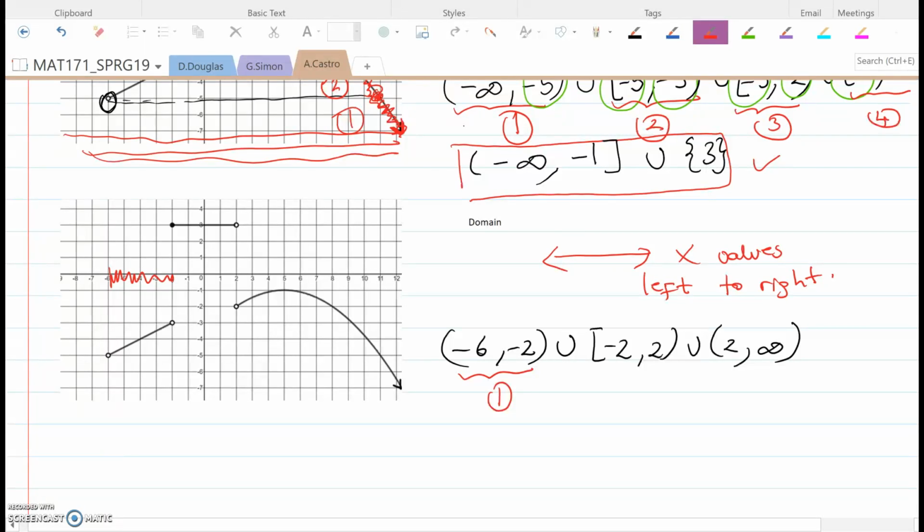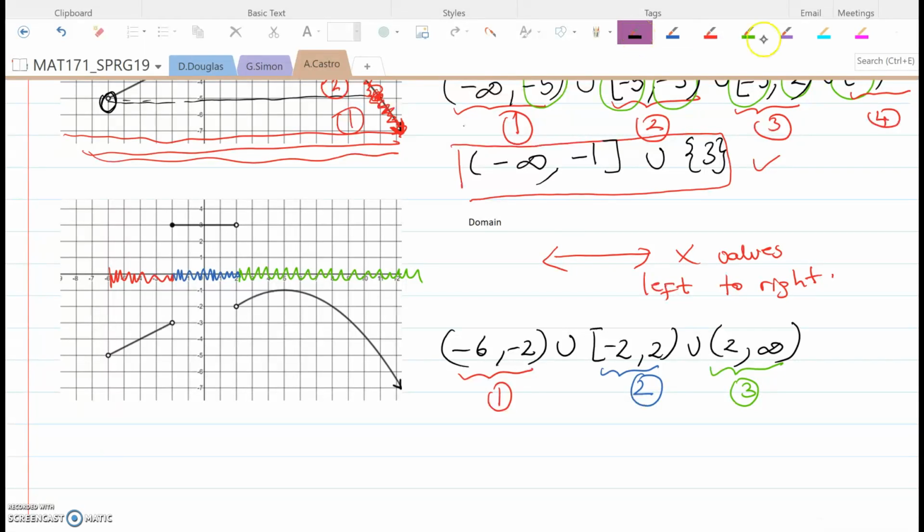And then region 2 from -2 to 2, okay? And then region 3 from 2 to infinity. Okay, 3, and that's 2. So we're just reading the x values.